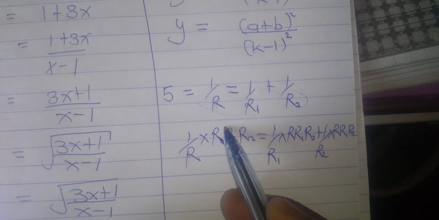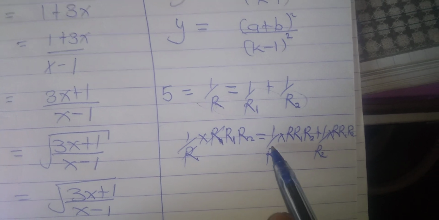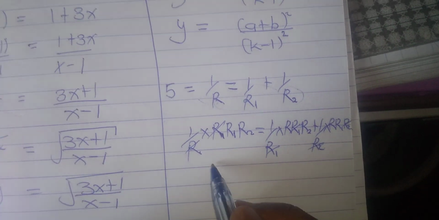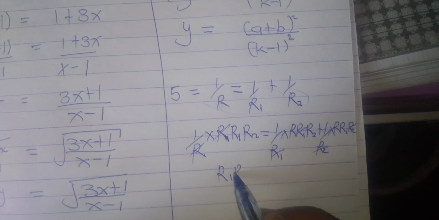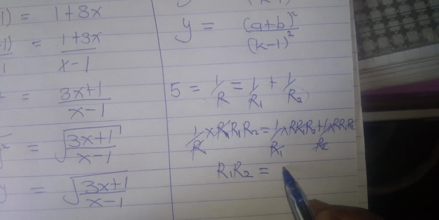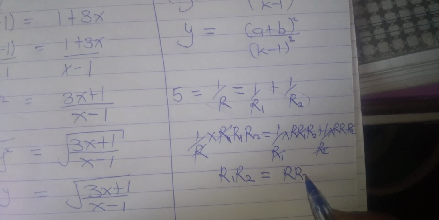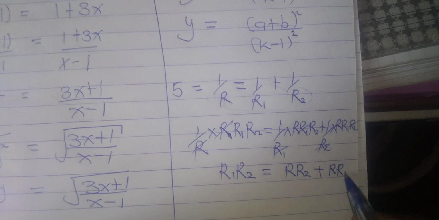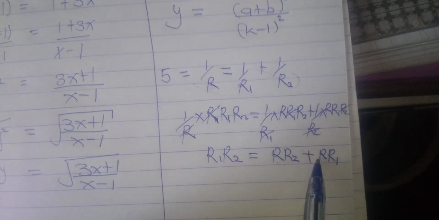So we find that this r crosses out with this, r1 goes with r1, r2 goes with r2. So we remain with r1 r2 equals r2 plus r1. So we're having this r and that r.